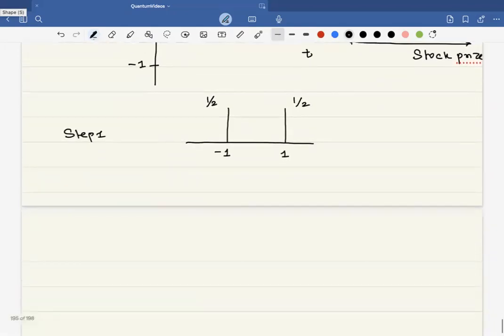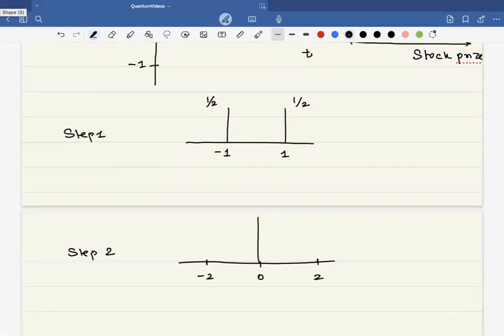And then you can do the same at time step 2. Again, you can plot the probability distribution. In this case, the walker can either be at -2, 0, or 2.